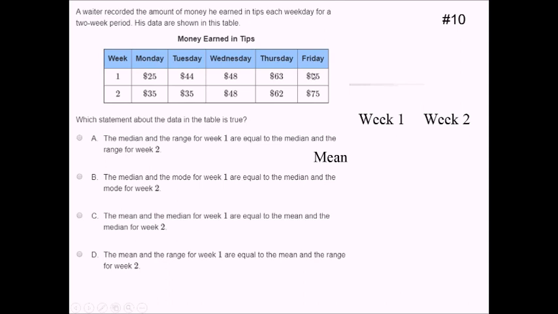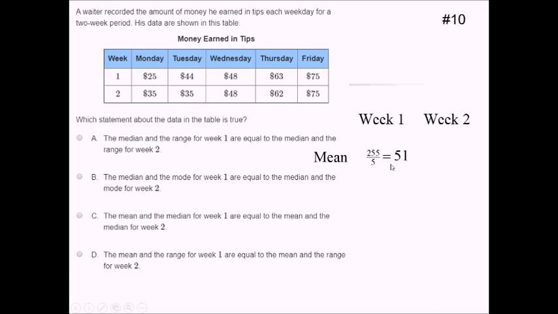So 25 and 75 is 100. We've got 144 plus another 48. That's going to be 192 plus 63. Let's see, that would be 195 plus 60. That would be 255, and there's 5 days. So 255 over 5. Now 250 over 5, that would give us 50. So 255 over 5 is 51. Great.